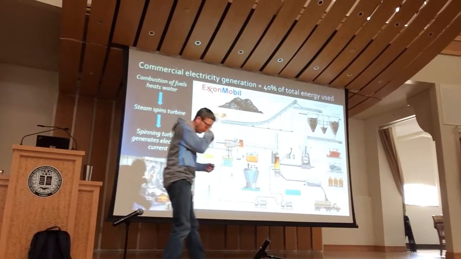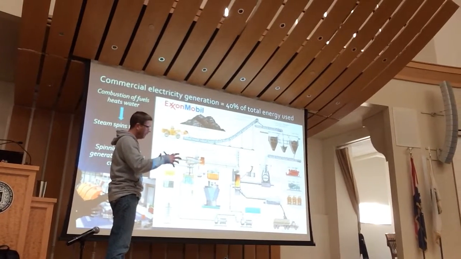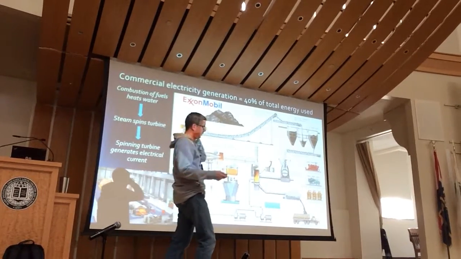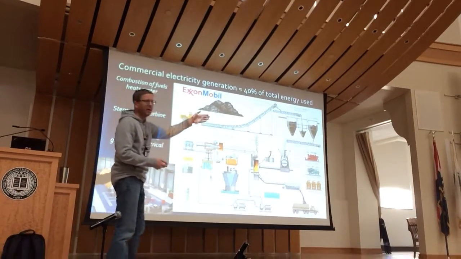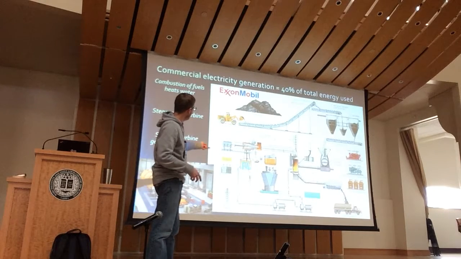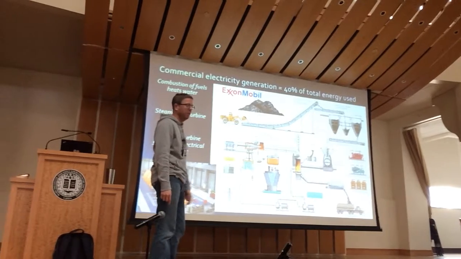All right. Funny things happen when you create a magnetic field with spinning metals. Electrons start moving in a direction all together at the same time. It's called a current. And that's what we're doing. We're generating current by spinning this turbine. How are we spinning it? By burning coal and producing steam.